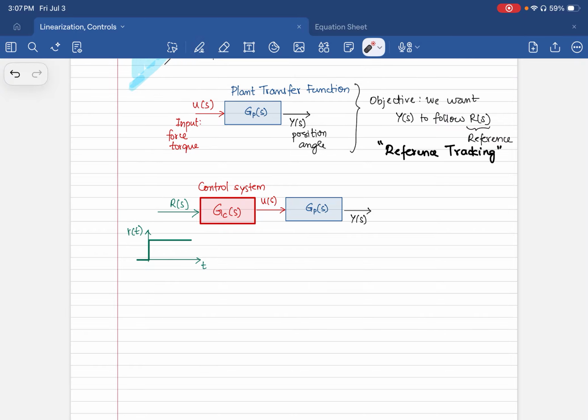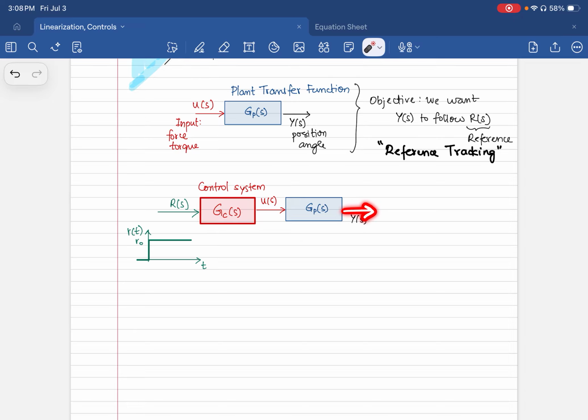And in the Laplace domain, this would be the signal that's coming in. For a step function, it would be maybe R naught over s. That is the input that's coming in. The control system now takes that input and converts it into a force or a torque or whatever it is, and then gives that to the plant so that the plant can then provide an output as Y of s.